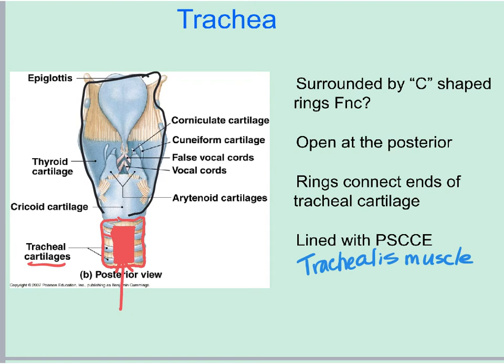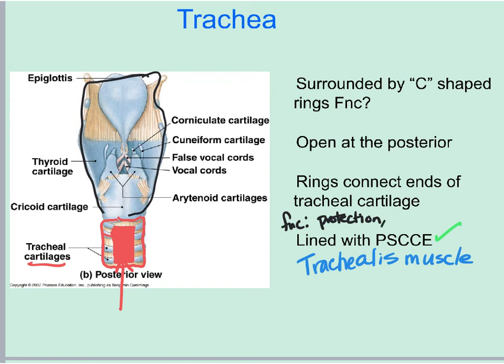Another thing I want to mention before we move on to the next slide is that the trachea is lined with pseudostratified ciliated columnar epithelium. And remember, its function is twofold. Protection, because the cells, while they're not truly layered, make a nice thick layer of protection over the underlying connective tissue. And secondly, here in the trachea, that type of tissue has goblet cells.